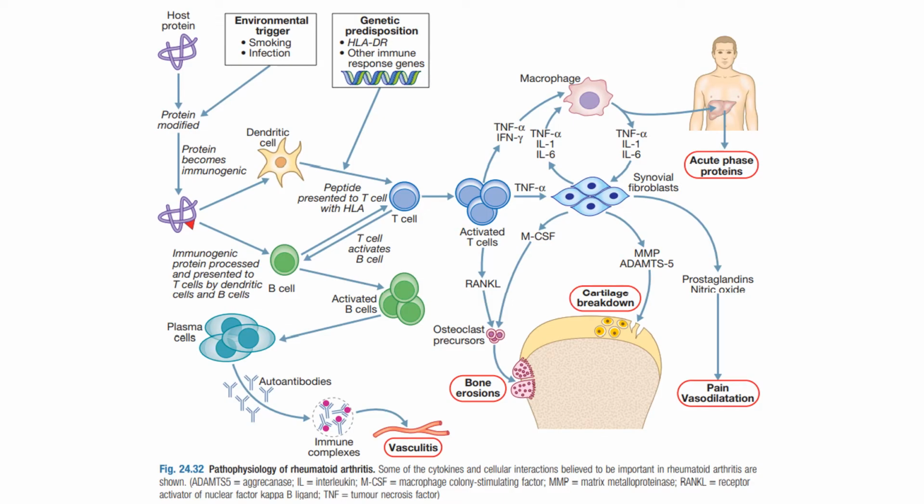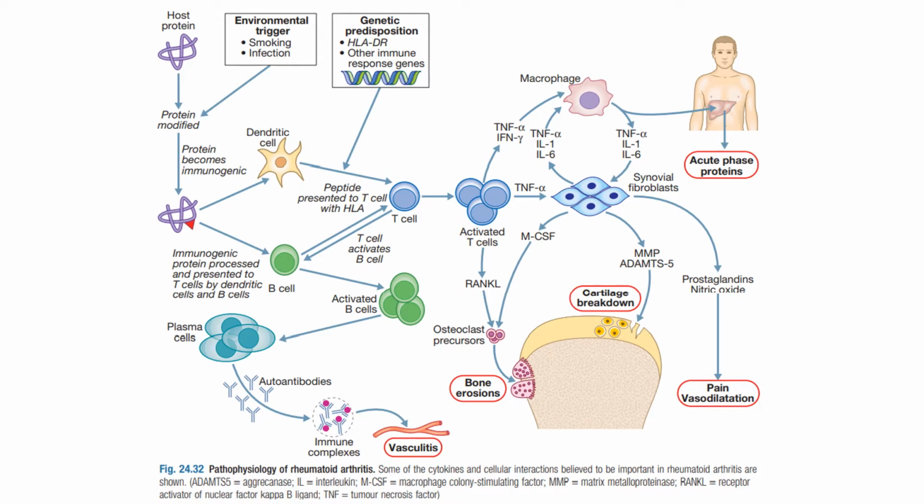So in the initial part of the rheumatoid arthritis lecture series, I had explained the pathophysiology of rheumatoid arthritis using the same diagram from the Davidson textbook of medicine. I won't be going through this diagram again, but just to highlight some important points. In the right genetic predisposition and environmental triggers, some of the proteins in the body get modified and become immunogenic.